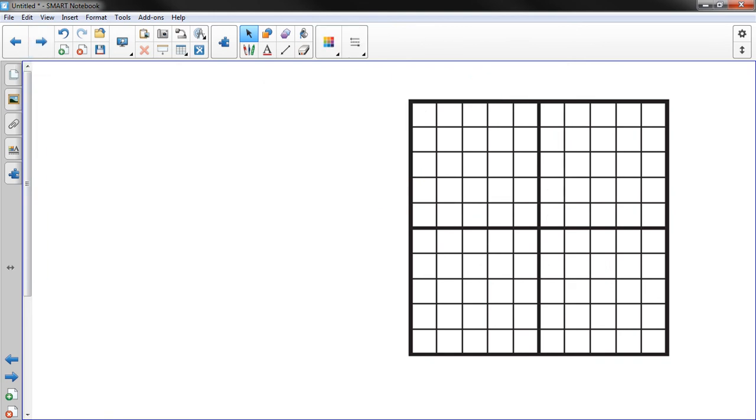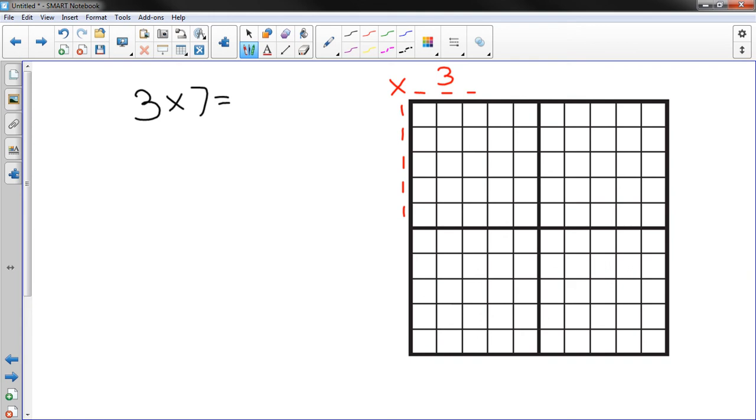Let's do 3 times 7. Alright. 1, 2, 3. I'll just do 3 up here. Times 7. 1, 2, 3, 4, 5, 6, 7. So I'm going to start drawing my line right there, because that's where 3 is. And draw right here where 7 is.